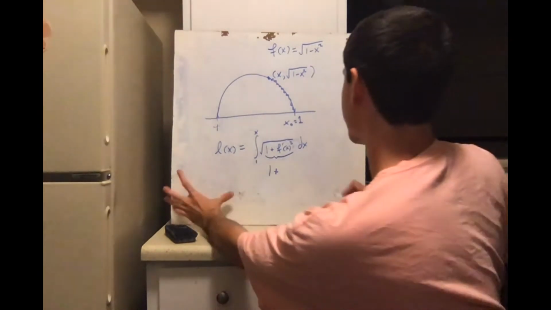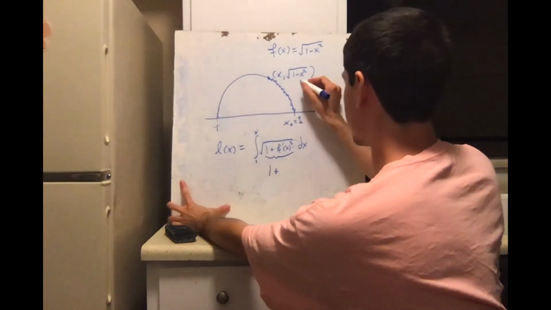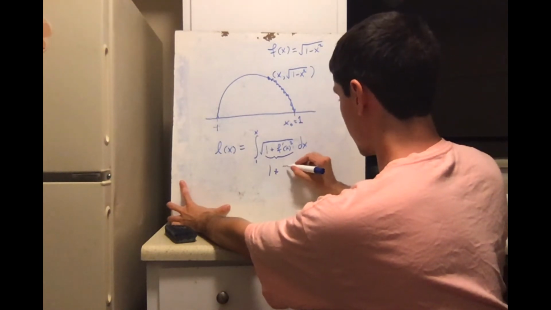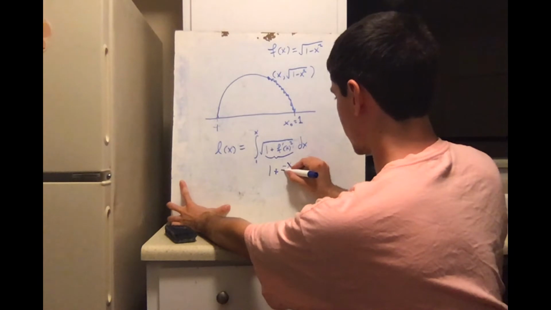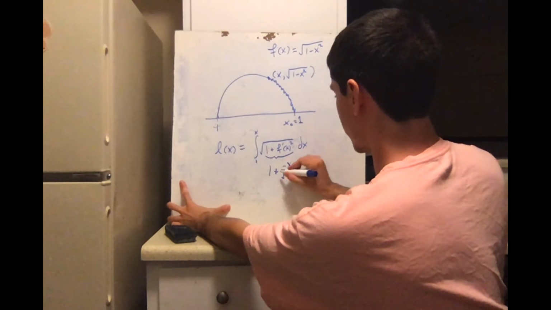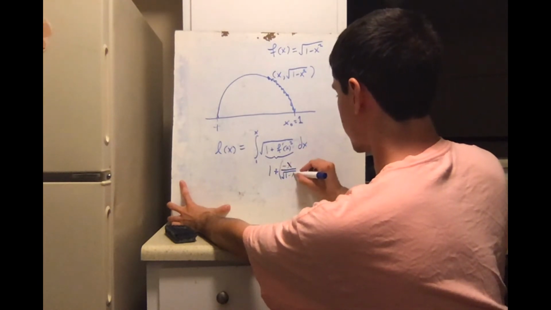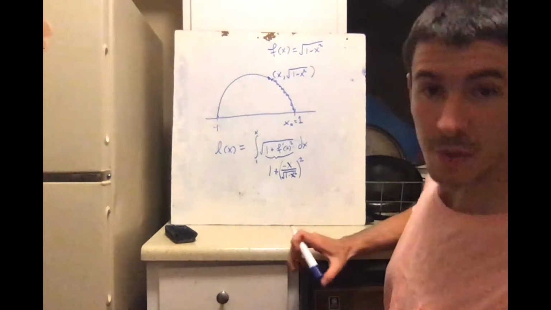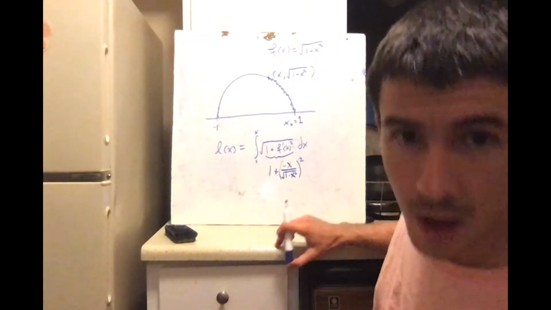It'd be good practice. But the derivative of this right here is going to be minus x over the square root of 1 minus x squared. Can you see that? Okay, yeah.